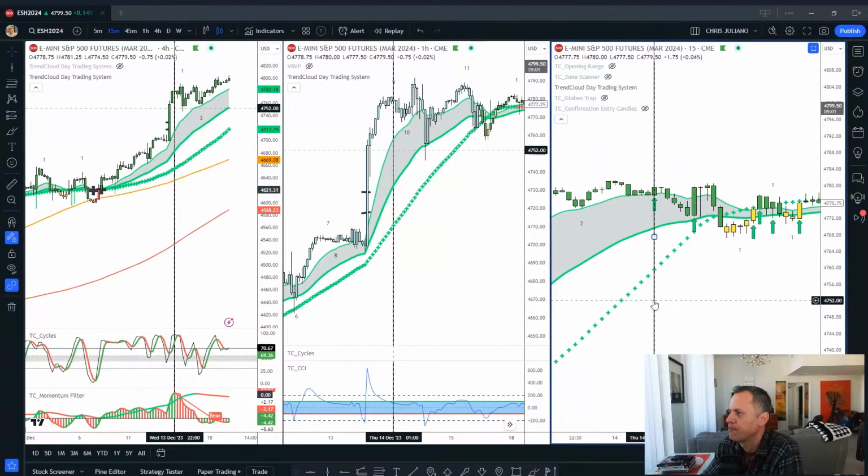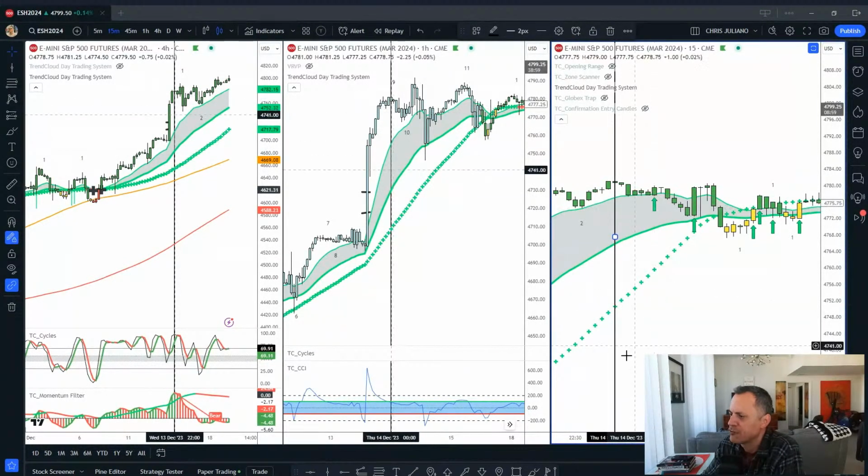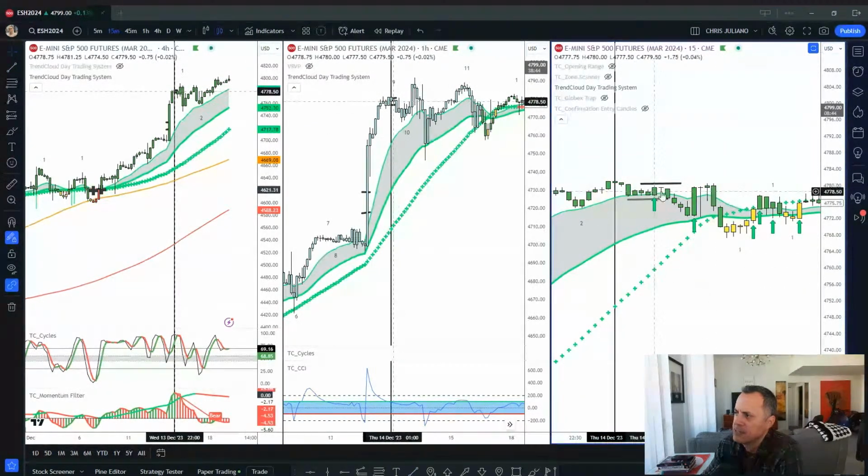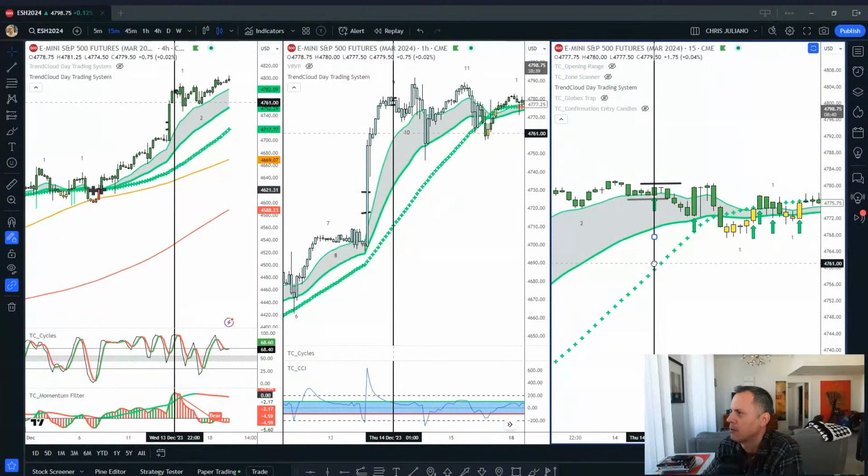Take a look at this. Where would your entry be on this signal? It'd be right here. And your stop out would be right here, right underneath it. And boy, what a great risk to reward. Talk about asymmetrical leverage. So there you go.